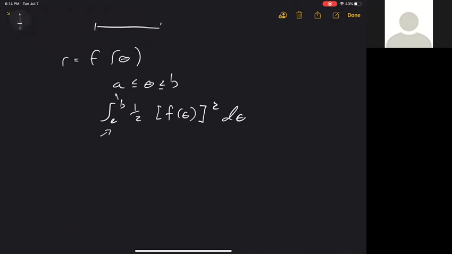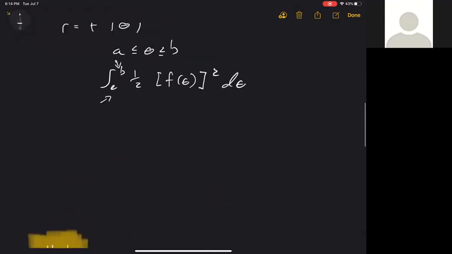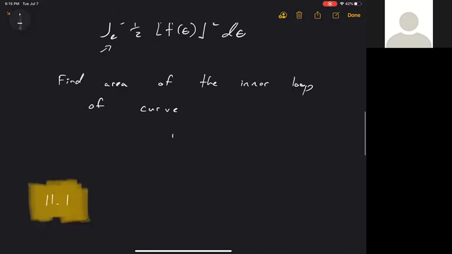Maybe you're not given this A and B. Maybe the question is phrased like, find the area of an inner loop of a curve, r equals 1 plus like 4 sine theta, something like that.